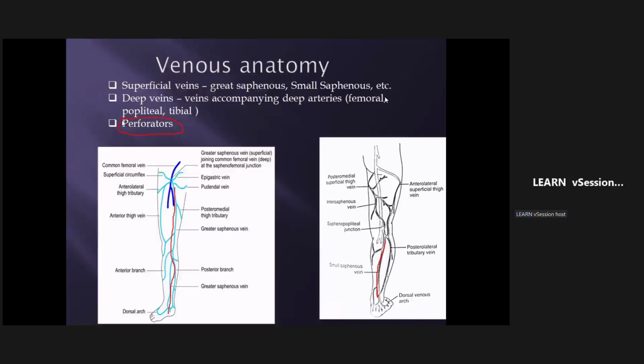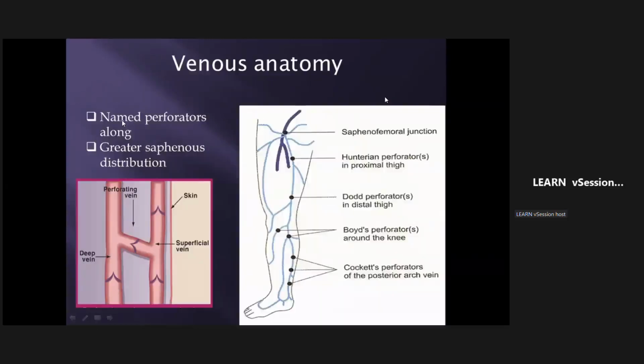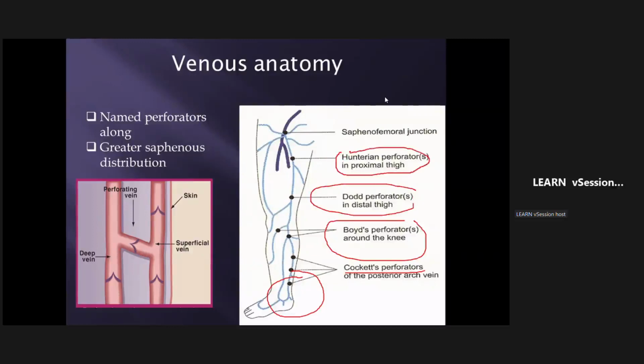Perforators are concentrated at certain points, mainly below the knee and around the ankle joint, where you call them pocket perforators. You see people who have prominent veins at the ankle joint, and above that is pretty normal. But you also have perforators in the below-knee area and in the thigh. Sometimes these perforators connect with the saphenous vein, and the varicosity starts from there instead of the main SF junction.